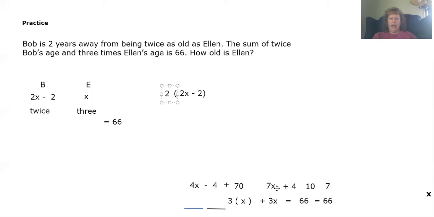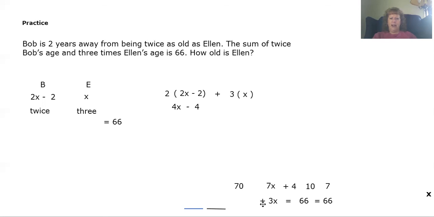And then we were going to add to that Ellen's side of the equation, which was 3 times x. She's going to have x 3 times. So if we distribute that, 2 times 2x will be 4x, and 2 times negative 2 will be negative 4, or just minus in between the two numbers.